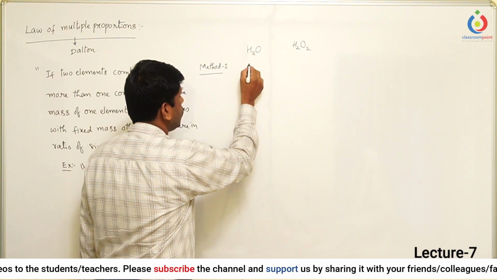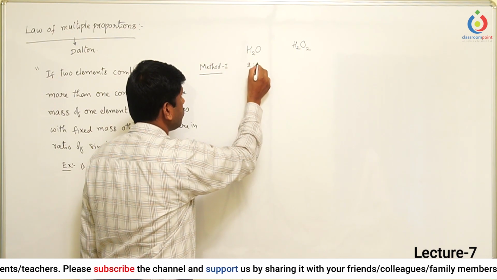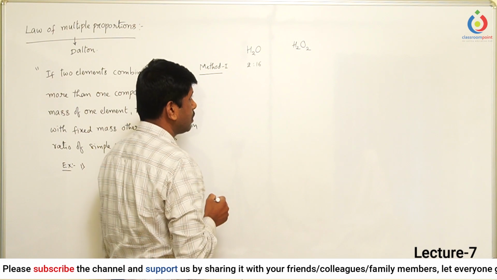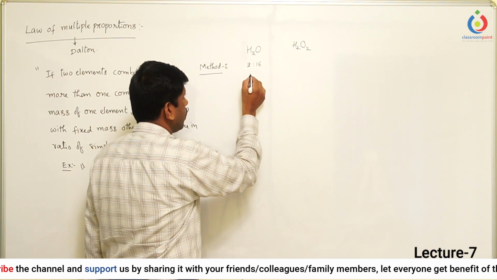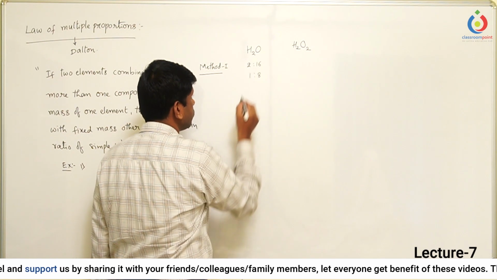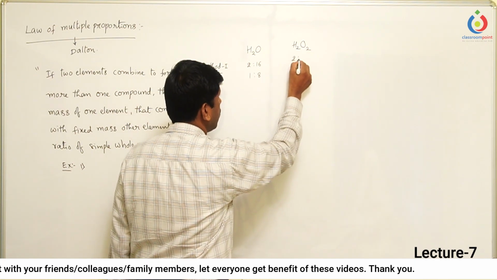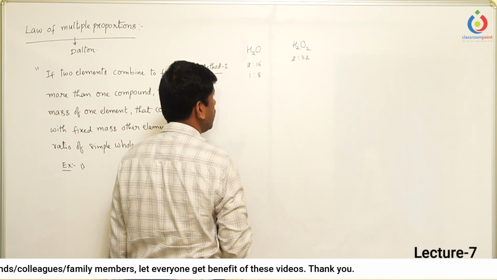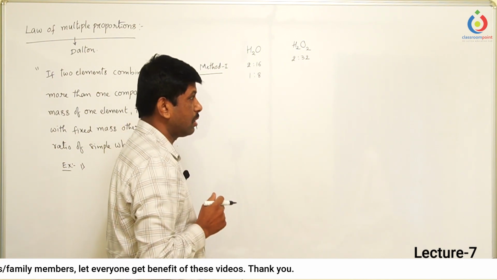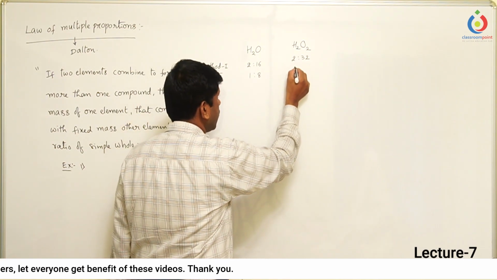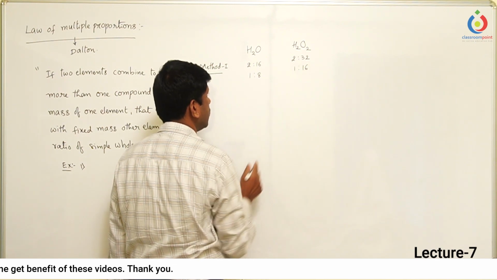In H2O, 2 grams of hydrogen combines with 16 grams of oxygen, so the ratio is 1:8. In H2O2, 2 grams of hydrogen combines with 32 grams of oxygen. So here you can take 1:16.